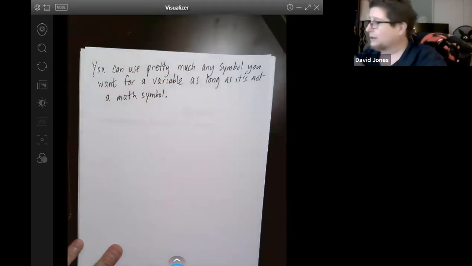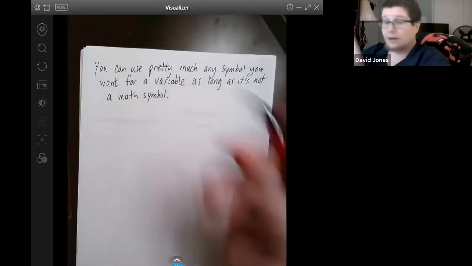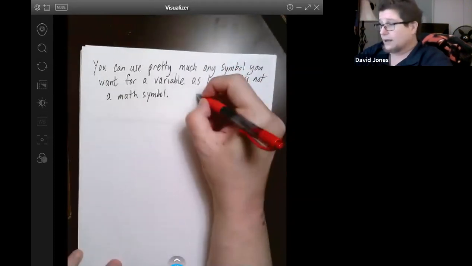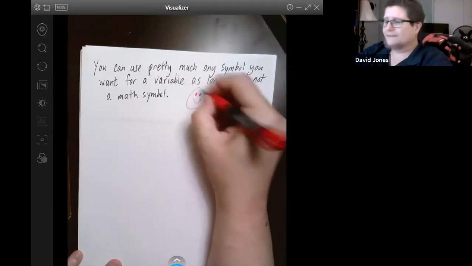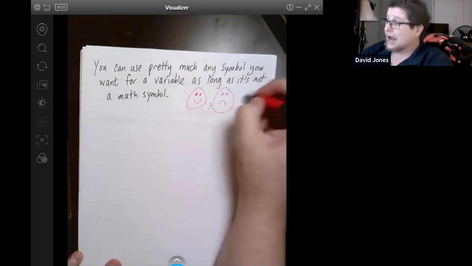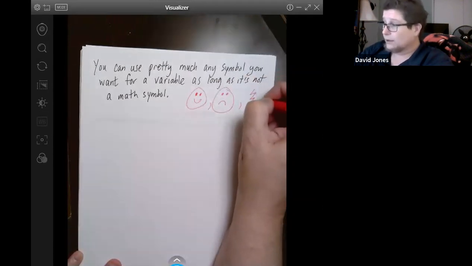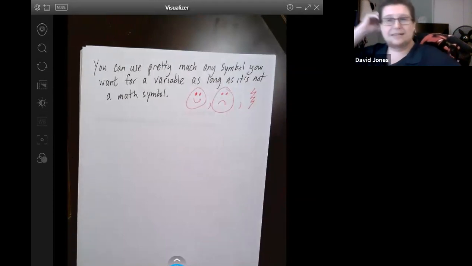Plus means addition. I've used, honest to God, and I'm not religious, so that's just an expression, I've used a smiley face. I've used frowning faces. I've used a lightning bolt. I even did it on a test when I was a student at COS.